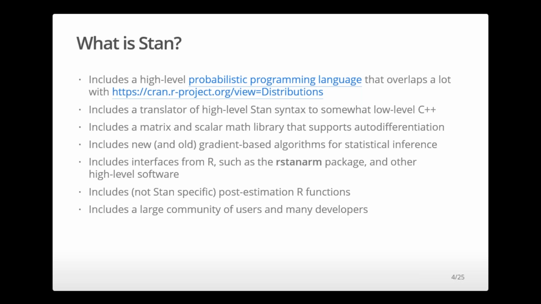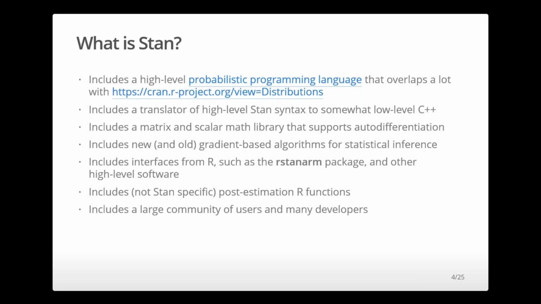And the C++ links to the Stan math library that includes both matrix operations and scalar operations, all of which support what's known as auto-differentiation. If you're not familiar with auto-differentiation, it basically means it allows the C++ compiler to figure out the chain rule from calculus.